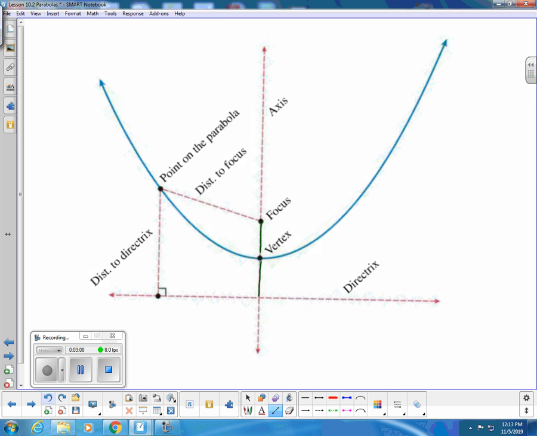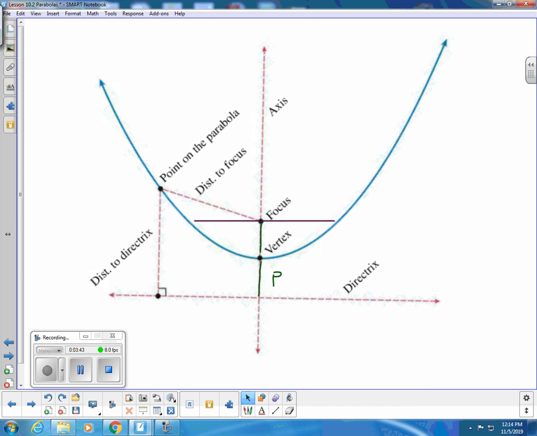Now, this distance is the p value. Very important. The distance from the vertex to the focal point or the vertex to the directrix, same distance, is p. There is something called the focal width.